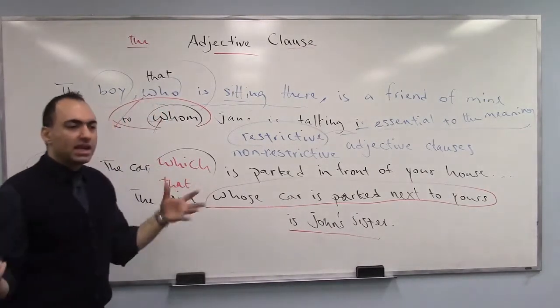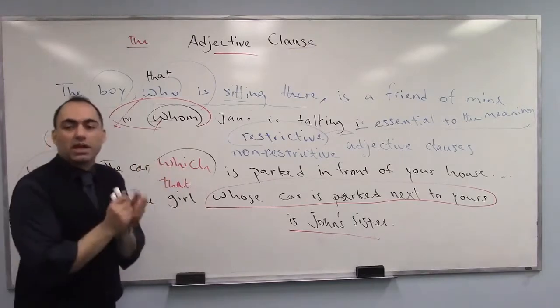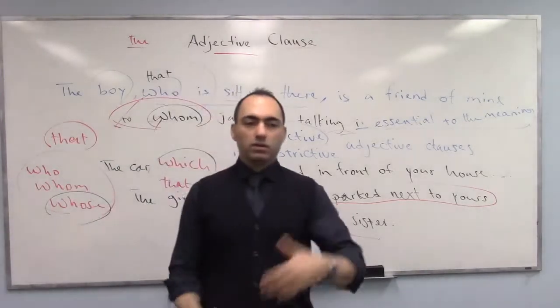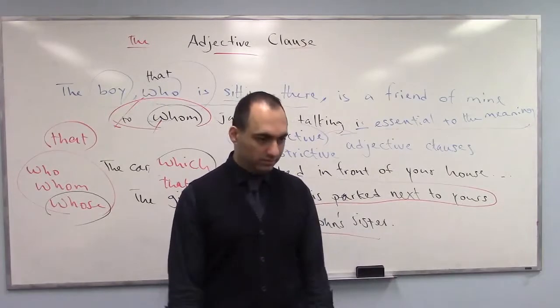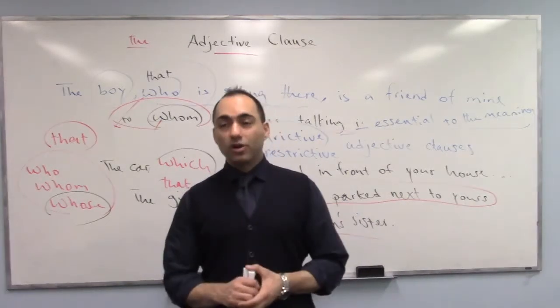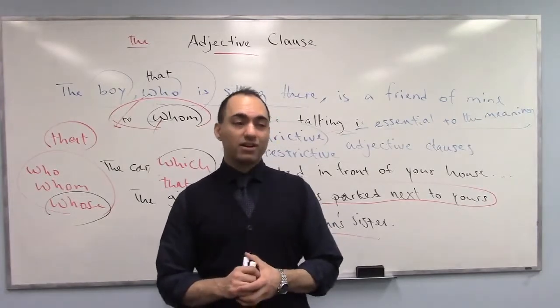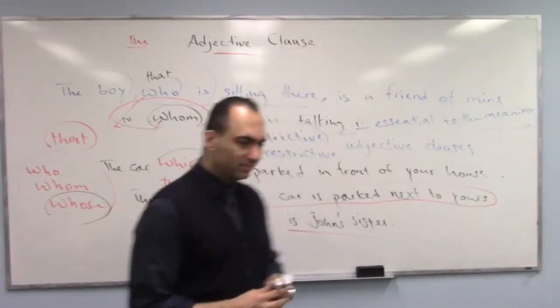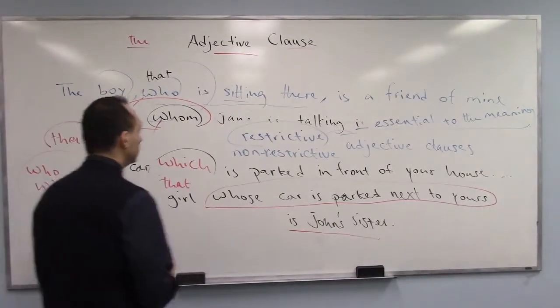But for speaking, I don't want you to remember any of that. For speaking, I want you to remember the boy whose car is parked here. The girl whose jacket is red. The girl whose father said no to you.